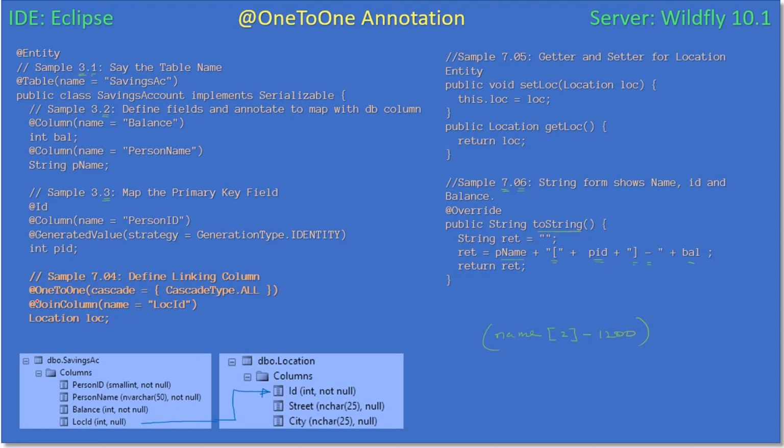So after adding this new annotation, we have a getter and setter for location, and we overrode the toString method also on this savings account entity.